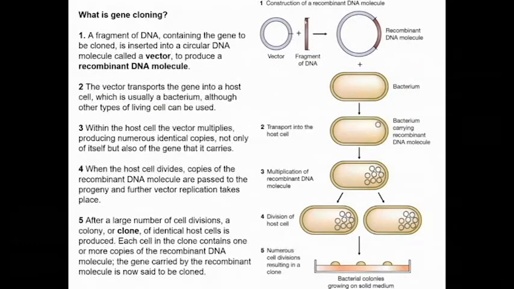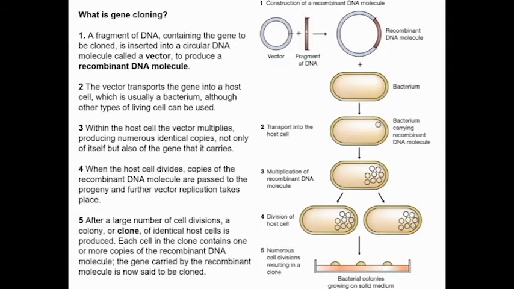Then you cut the vector with a specific restriction enzyme, which we will discuss later. You also cut the DNA fragment with a specific restriction enzyme.